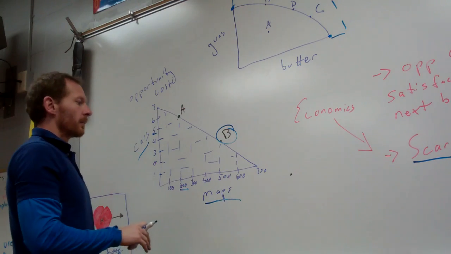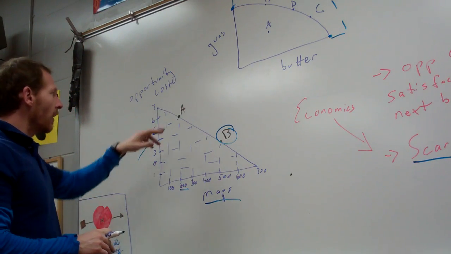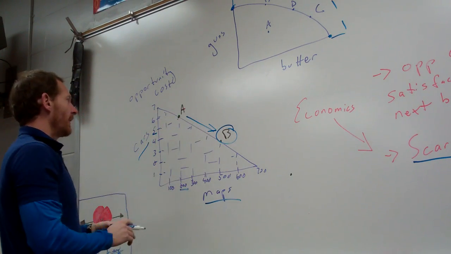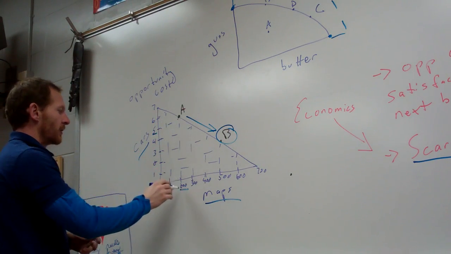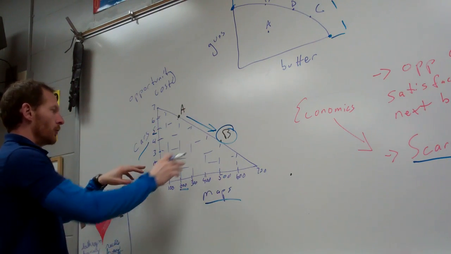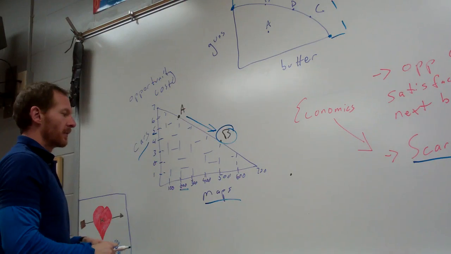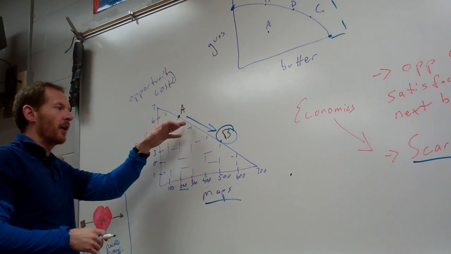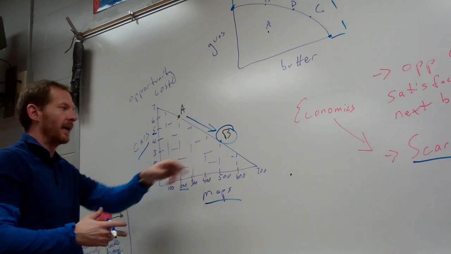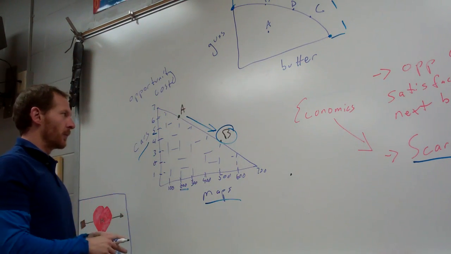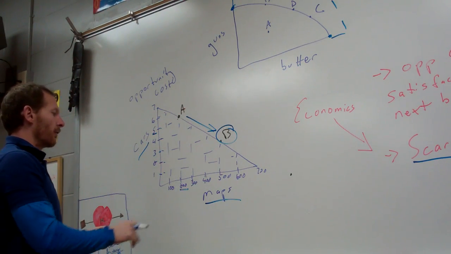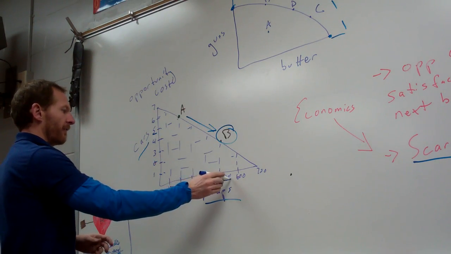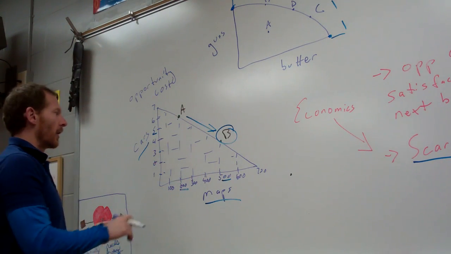So the question is, if we decide to go from 5 cars and 200 maps to 2 cars and 500 maps, how much are we giving up? What is our opportunity cost from changing our decision or our output from A to B? So if we're at 200 and we go to 500, what is our opportunity cost in terms of cars?